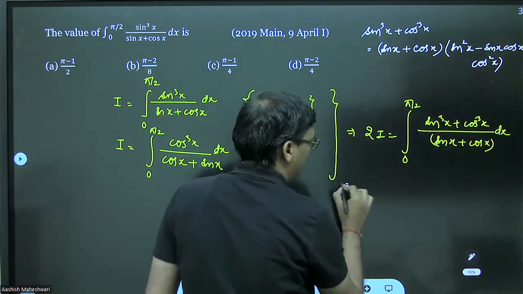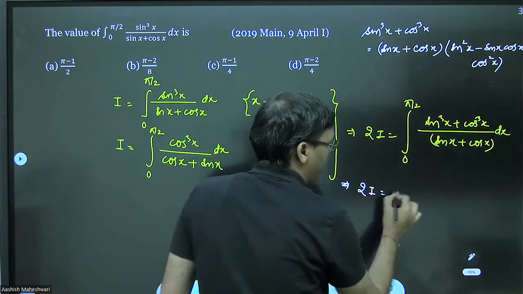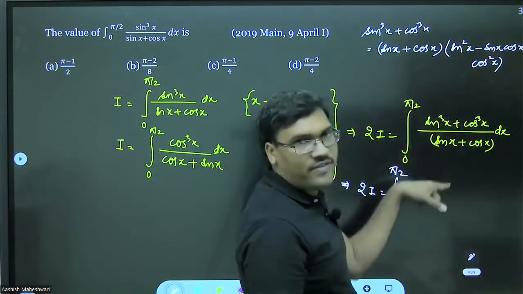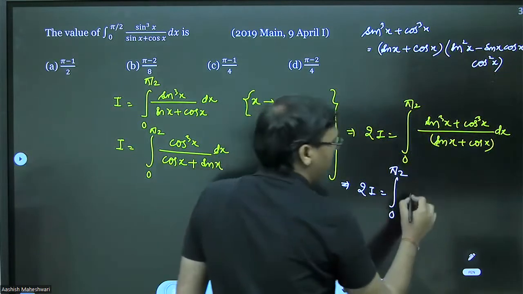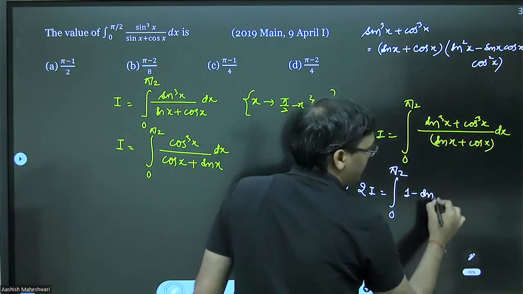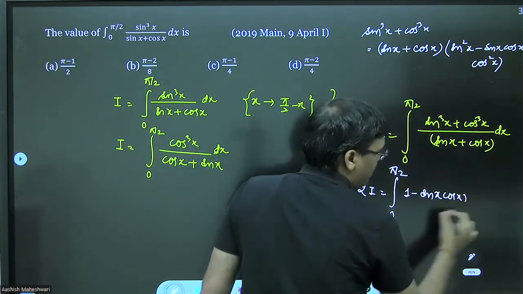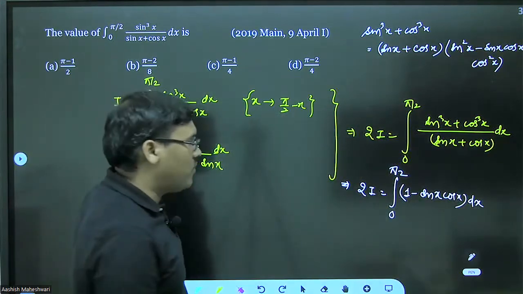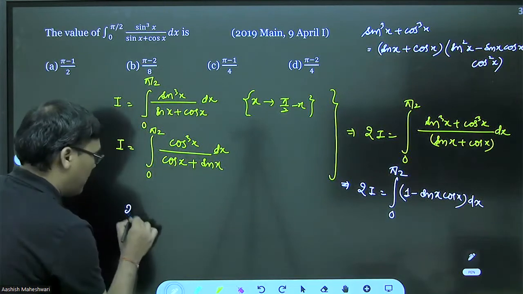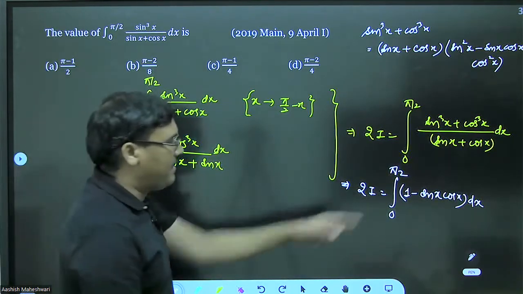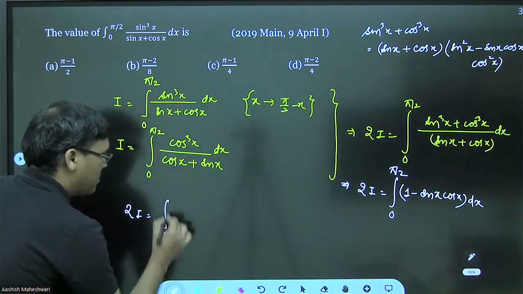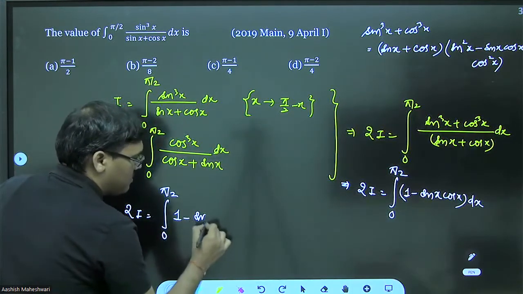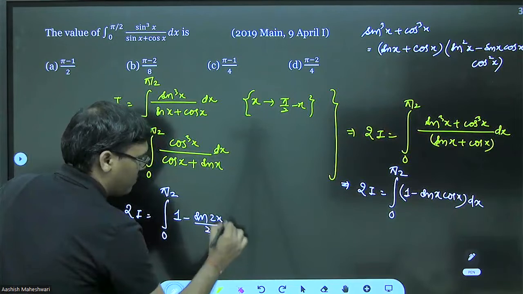So what is this integral? This is 2I, integral from 0 to pi by 2. You can see the sin x plus cos x factor will be cancelled, and you will have only 1 minus sin x cos x dx. Now, this is very easy to integrate. I can write 2I is equal to the integral from 0 to pi by 2 of 1 minus sin 2x divided by 2.